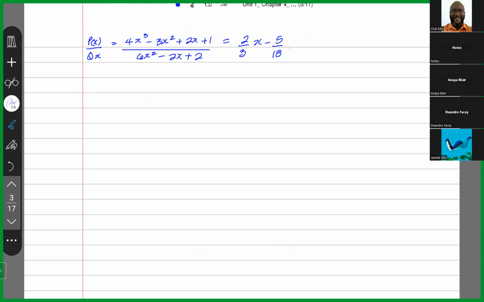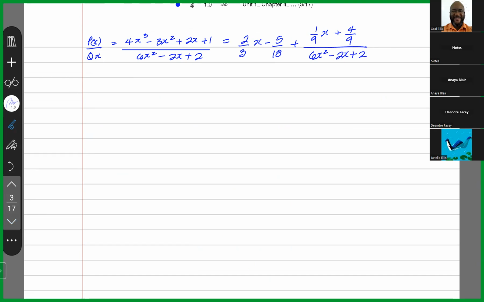So it should be plus the remainder, 1/9 x plus 4 over 9, over whatever you're dividing by, which is 6x squared minus 2x plus 2. Now, of course, if you multiply through, no, sorry, let's not do it.